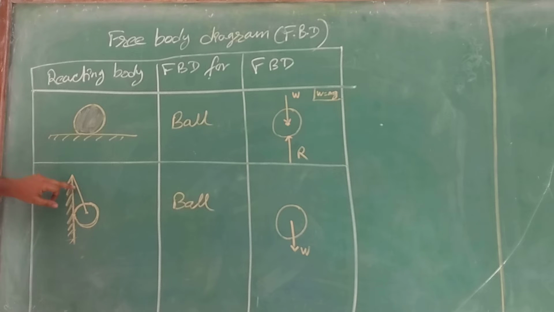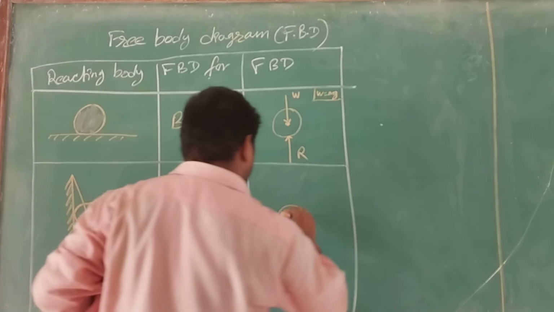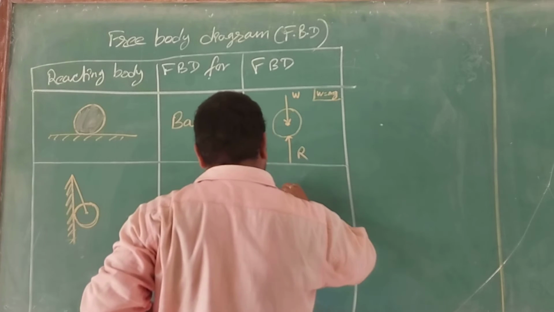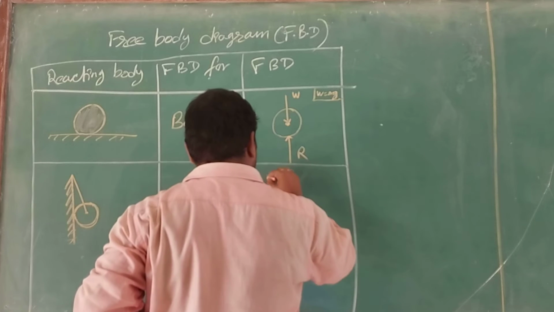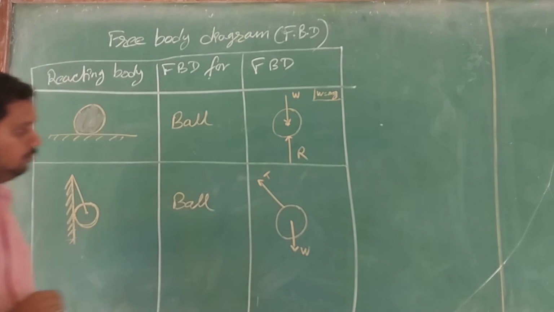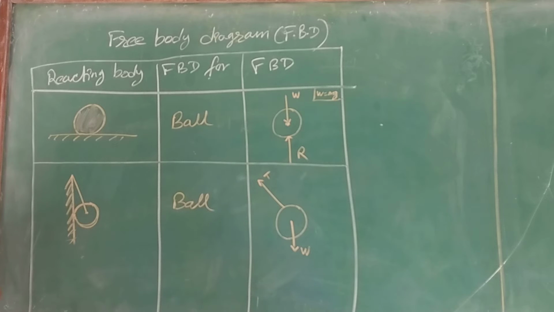Because of this string, the ball is in hanging position. So when the string is pulling the ball, it is under tension. You see here, this is tension, that is the tension due to the string.